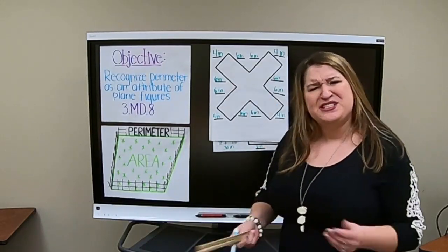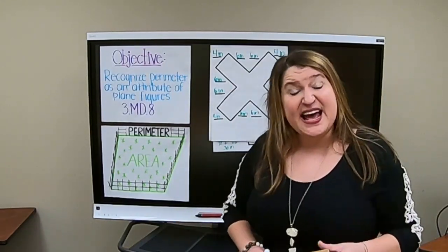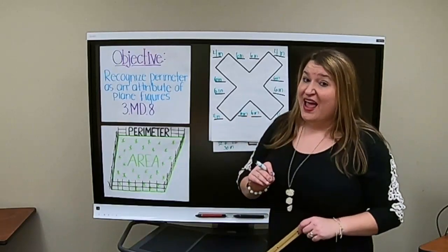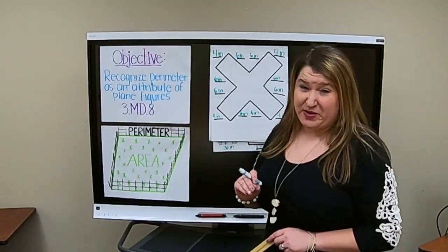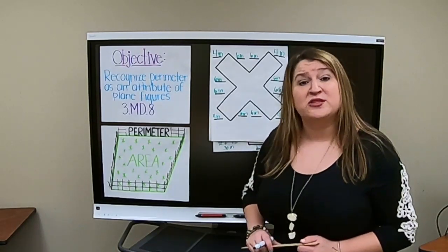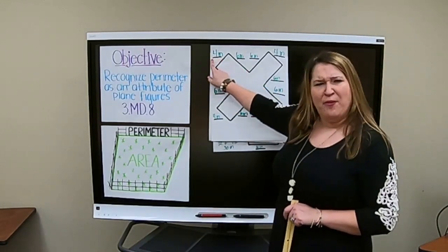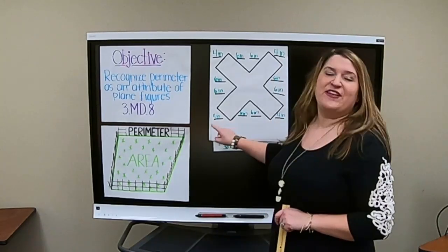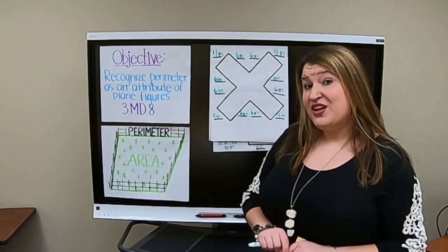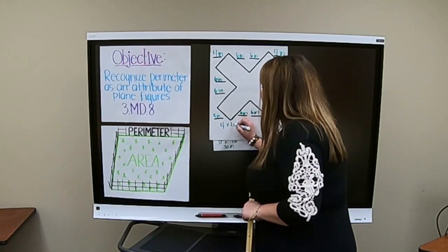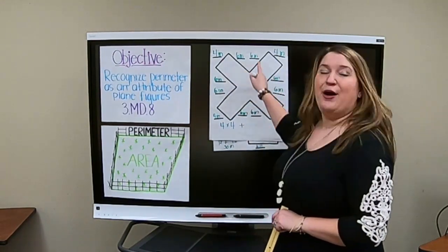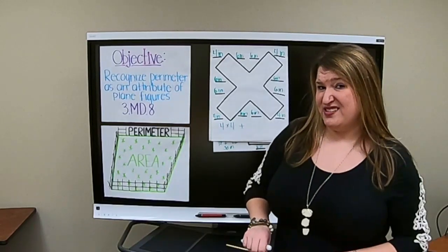All right, now, what do I do? Yes, I can add them up, or I can try another way that makes it a little bit easier and keeps us from having to do all that counting, and we can multiply. So let's check out, how many do I have that are 4 inches? There's 4, very good. So we're gonna do 4 times 4 plus, how many sides have 6 inches?